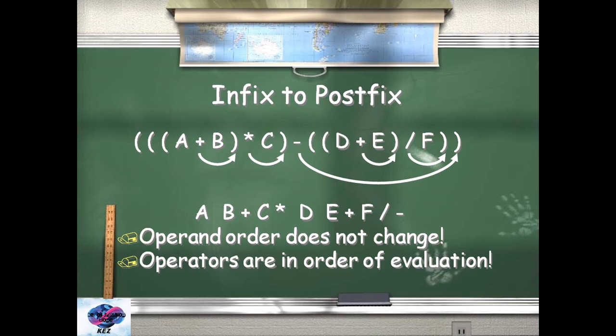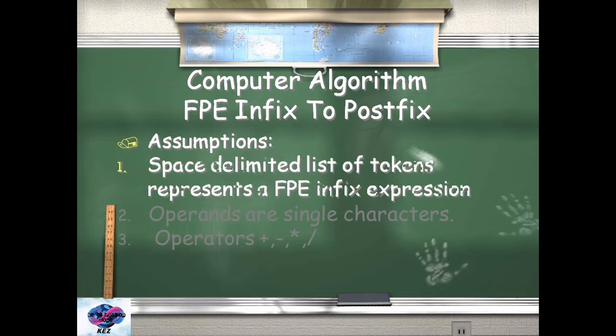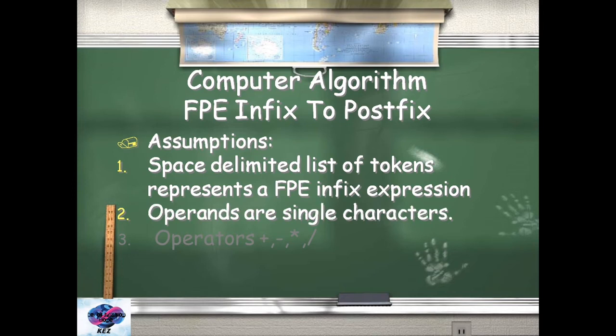Now after infix to prefix and infix to postfix, I think it is clear to you. Next we have to learn the algorithm in case of infix to postfix, which we will discuss right now. We have to take some assumptions here. What are they?